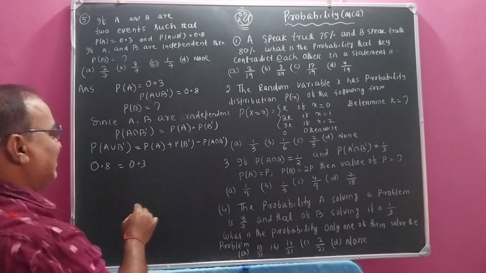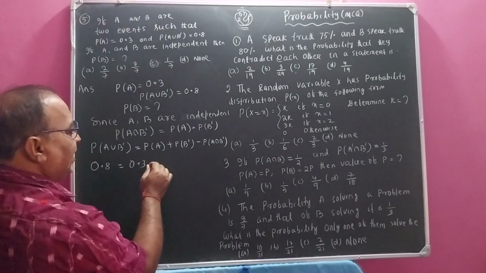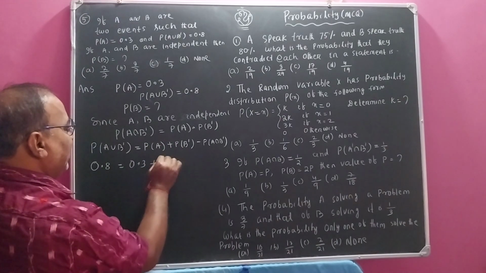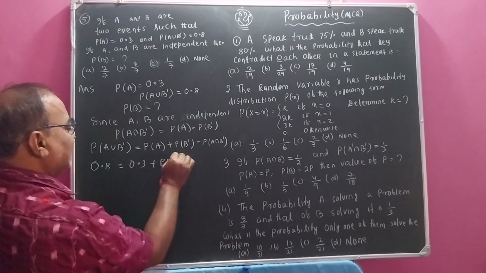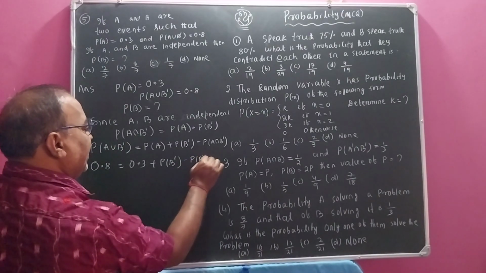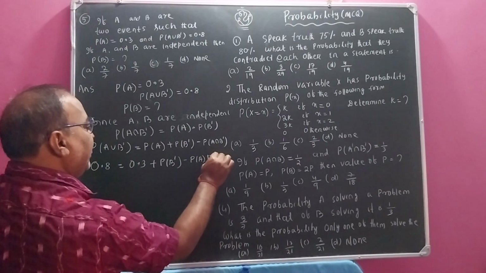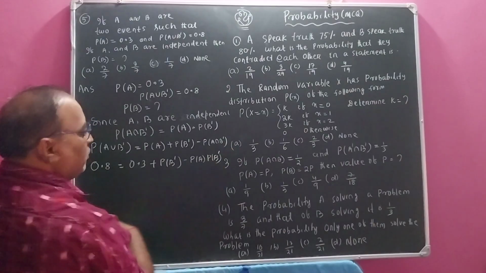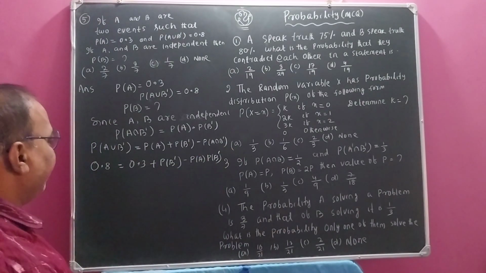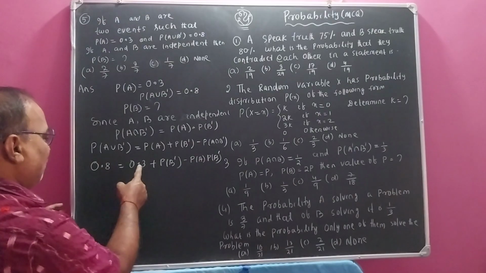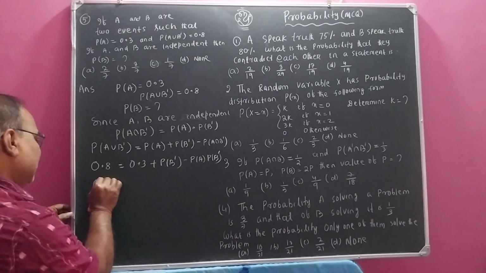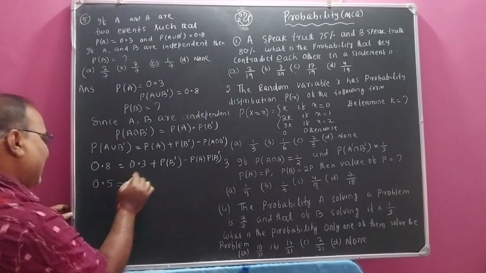Plus probability of B dash, minus probability of A into probability of B dash. Okay? Probability of B dash common. So 0.8 minus 0.3, it is 0.5 after subtracting.